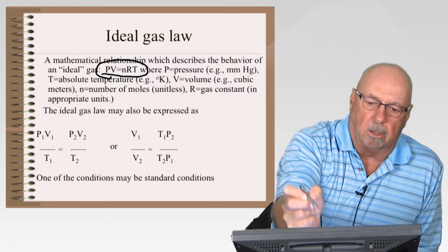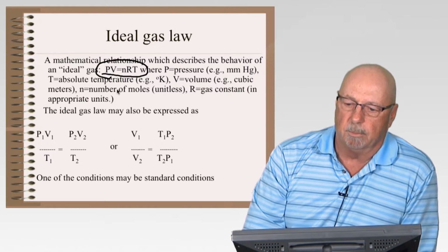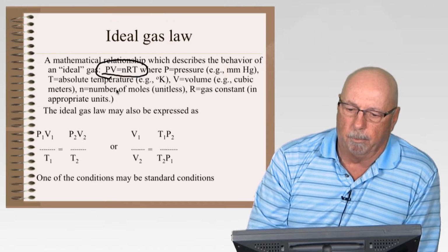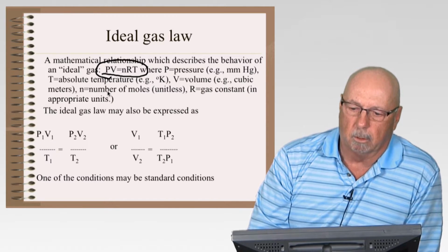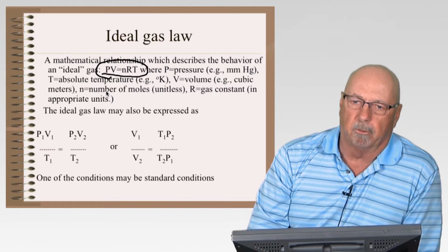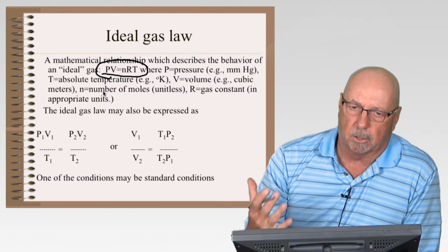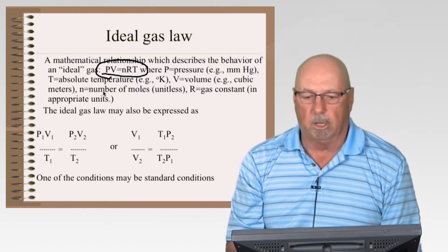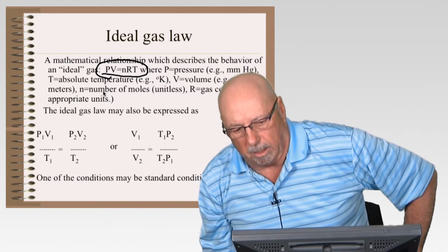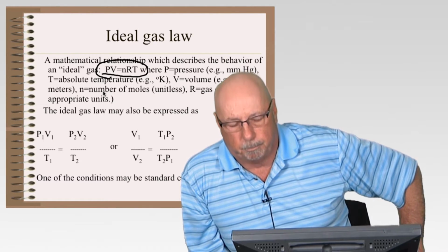Its pressure and the volume of that gas is going to equal the number of moles of that gas times a gas constant, which is a unitless dimension, and temperature. And so P is pressure in millimeters of mercury, where T is our temperature, and in this equation it's used as the absolute temperature in Kelvin. And the volume is going to usually be expressed in cubic meters.